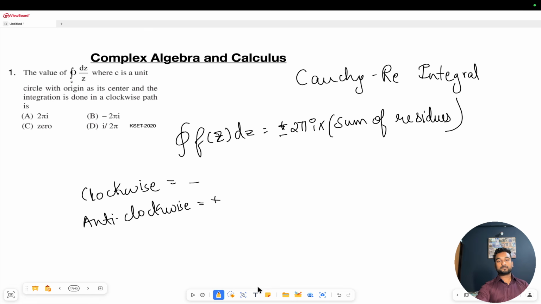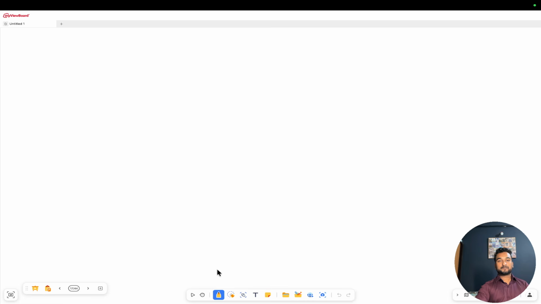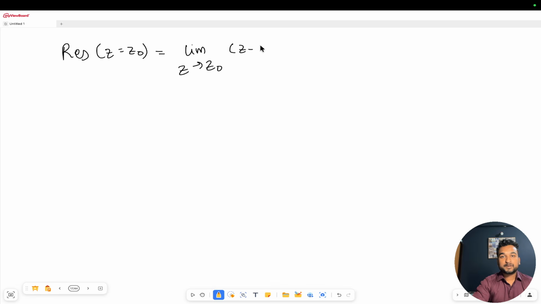Pole order, everything you have studied before. So we'll write some formulas. If a simple pole is there, then the residue at z equals z naught, any pole, will be limit z tends to z naught, z minus z naught f of z. This is one formula.